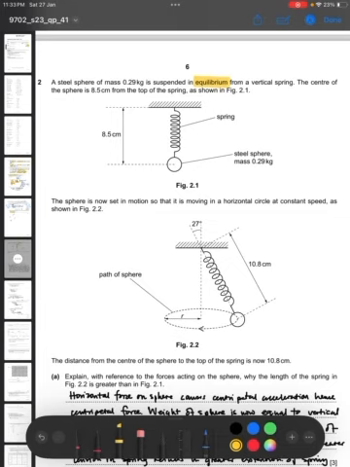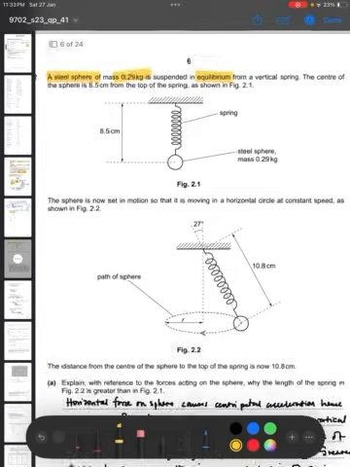Okay. So if it is in equilibrium, who were we told that it was in equilibrium? The steel sphere. So we don't just read questions and move on. The steel sphere is in equilibrium. They didn't talk about anything else other than the steel sphere. So if it is suspended in equilibrium from a vertical spring, we know that anything with mass, as we are told that it has a mass, has a weight.